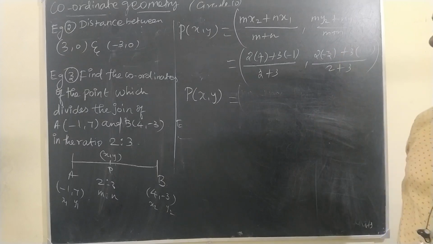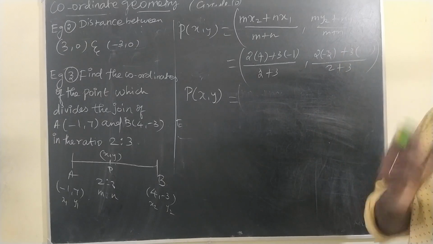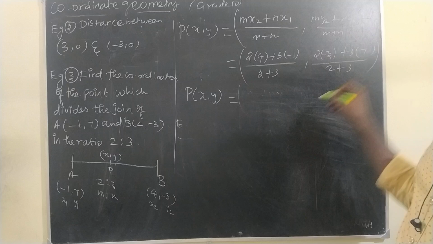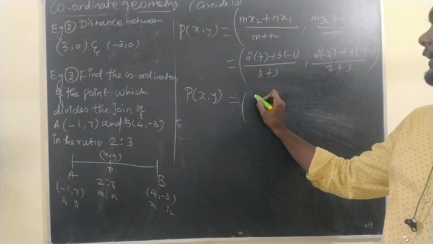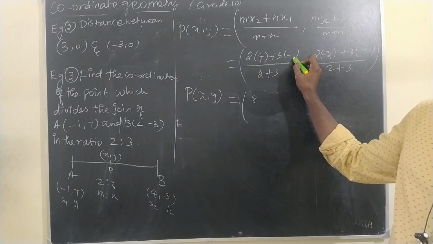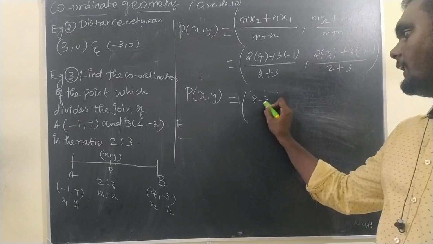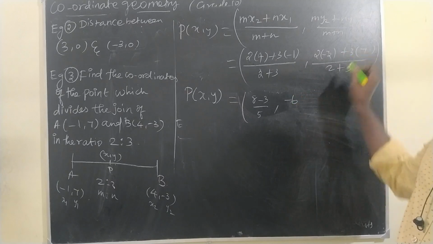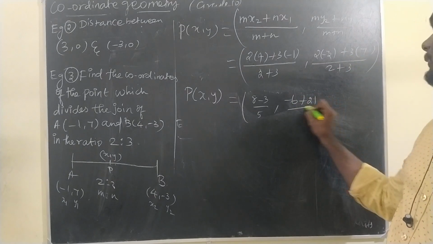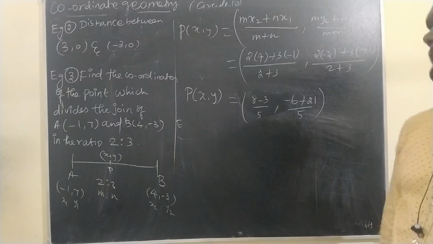Minus 3. Then y1? 7. Got it? And then x comma y is equal to 2 4s are 8, 3 1s are minus 3, by 5. This is minus 6 plus 21 by 5.